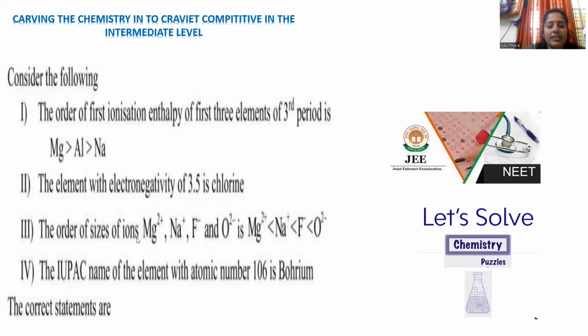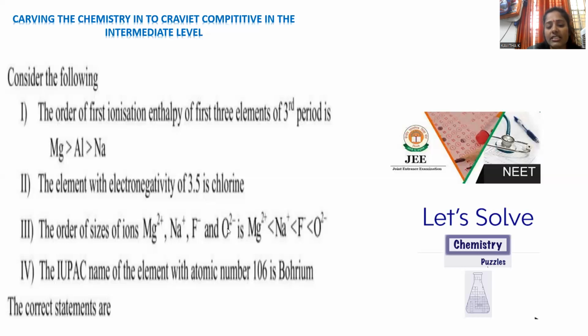The order of sizes of the ions: magnesium plus 2, sodium plus, F minus, O minus 2. If you see all these, 2 of the ions are negative, 2 of the ions are positive. One thing we have to remember in order to give the order of these ions: negative ions are always larger in size, positive ions are smaller in size.